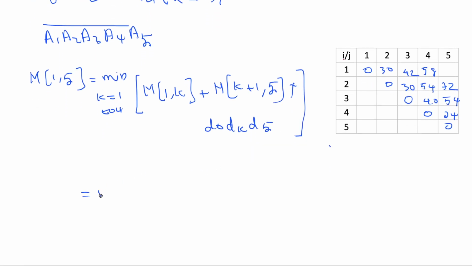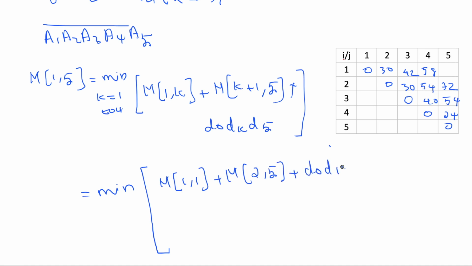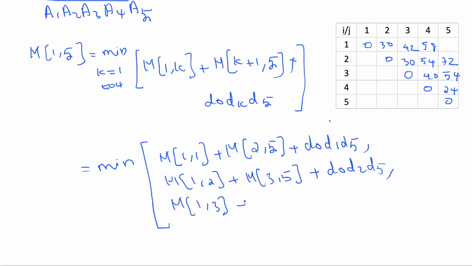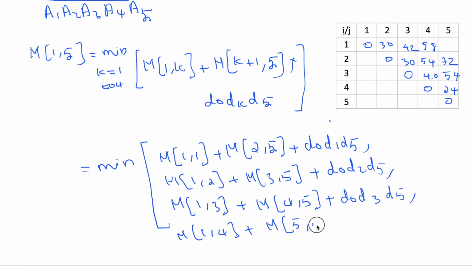Okay, so this is equal to minimum of, we will have 4 different possibilities, that is m of 1 comma 1 plus m of 2 comma 5 plus d0 d1 d5, comma m of 1 comma 2 plus m of 3 comma 5 plus d0 d2 d5, comma m of 1 comma 3 plus m of 4 comma 5 plus d0 d3 d5, comma m of 1 comma 4 plus m of 5 comma 5 plus d0 d4 d5.